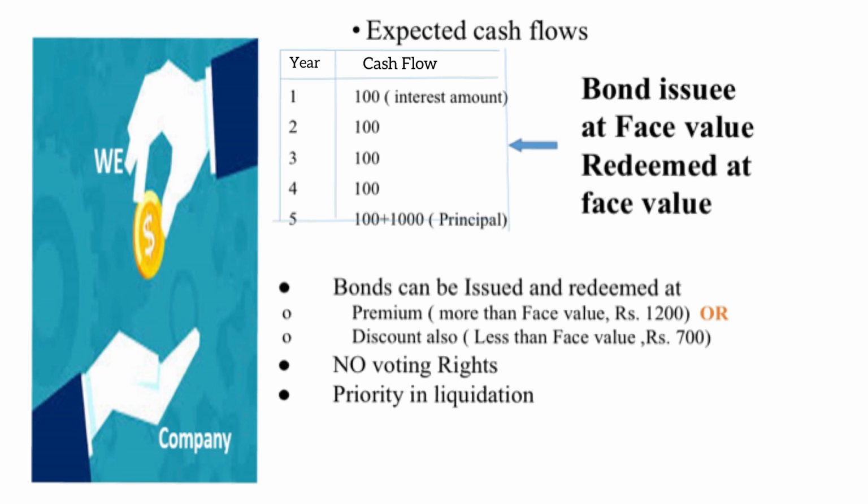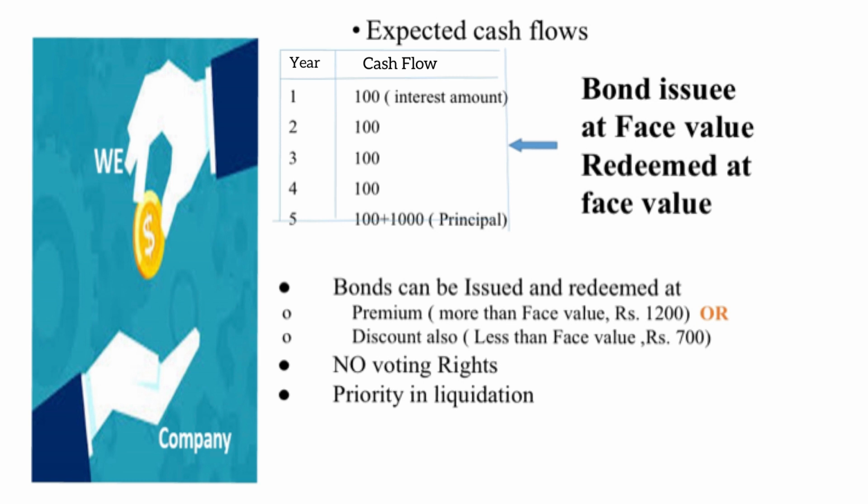And sometimes the company can issue or sell the bond at discount, that means less than face value. Now in our example the face value is 1000, but for example I can take the amount of 700, right? So the company can issue the bond at premium, which is 1200 rupees, or at discount, which is 700 rupees.